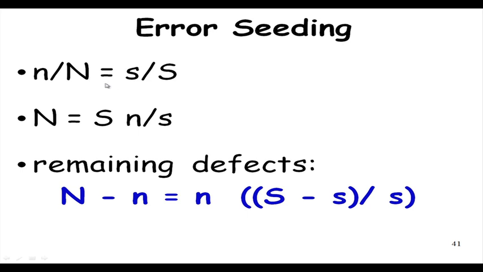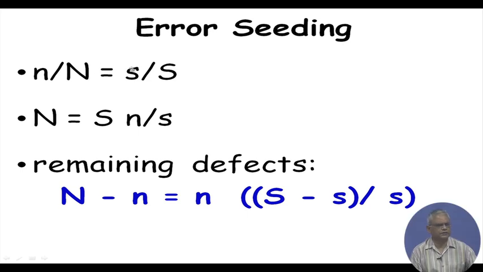Then we make a simple assumption that if small n out of the existing number of bugs N is detected, that must be equal to small s by capital S. So, we are assuming here that the testing identifies the bugs in the same proportion for both the original bugs and the seeded bugs, and from this expression we get the remaining bugs N minus n is equal to n into (S minus s) by s.